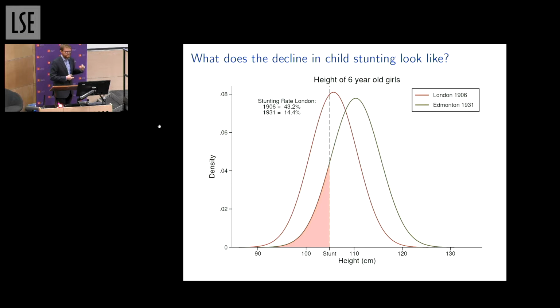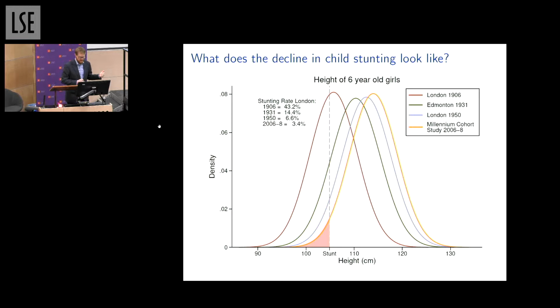If we follow that up with a study in 1931 in Edmonton, a suburb of London, we can see that the stunting rate has fallen to 14%. By 1950, it's fallen to 6.6%. And if we look at the Millennium Cohort study, which isn't London specific but is a representative sample of the UK, the stunting rate has fallen even further to 3.4%.